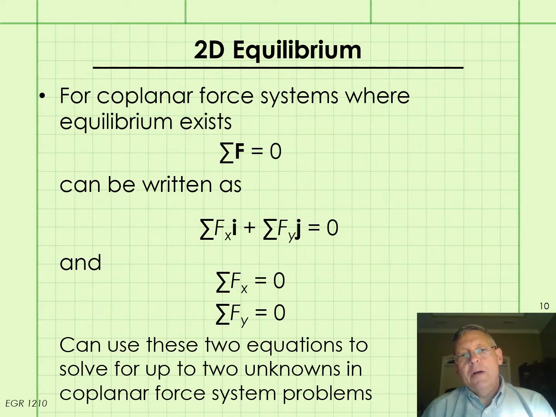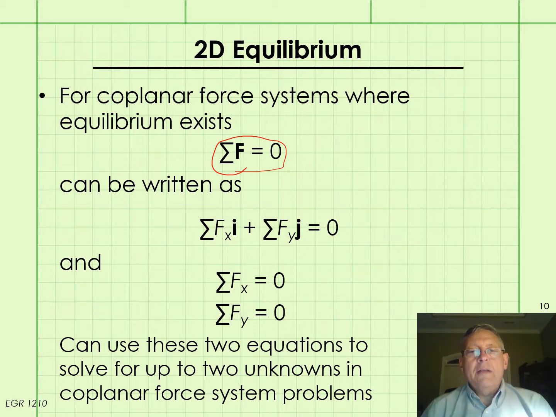Coming back to particle equilibrium, for coplanar force systems where equilibrium exists, the sum of the forces has to equal zero, Newton's first law. So for any particle in that system, the sum of the forces on that particle will equal zero.